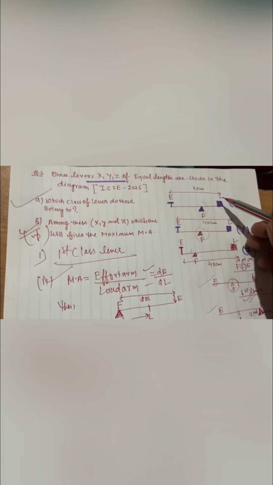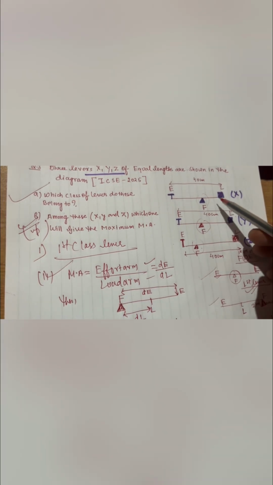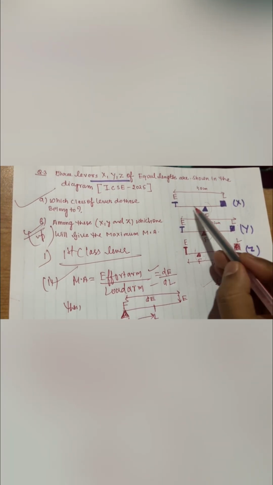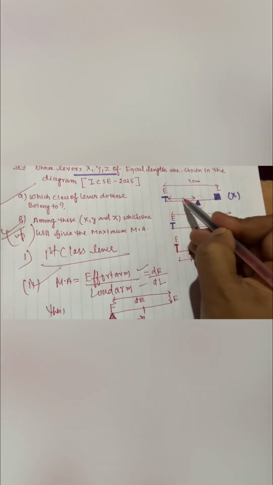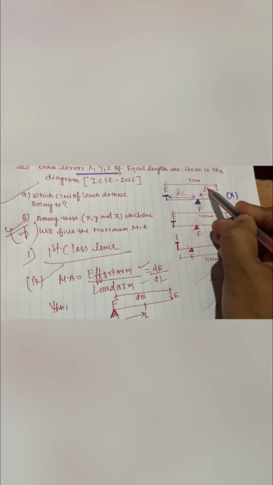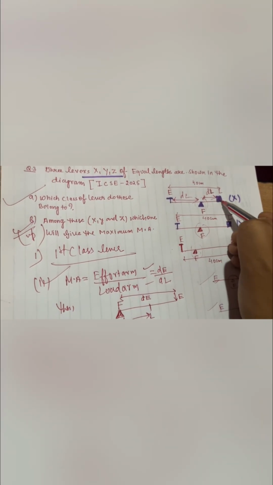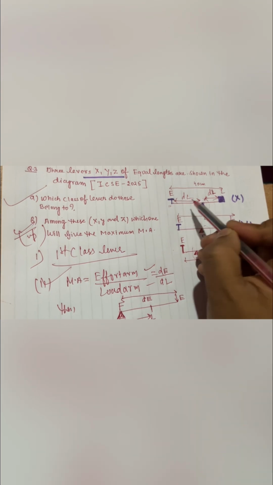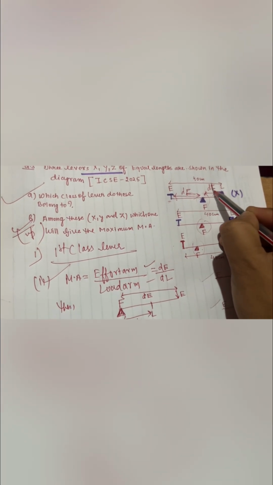Is it clear? Observing figures X, Y and Z, you notice the effort arm is greater: from here to here the distance of effort is greater compared to the displacement of load. This is the effort arm and this is the load arm.